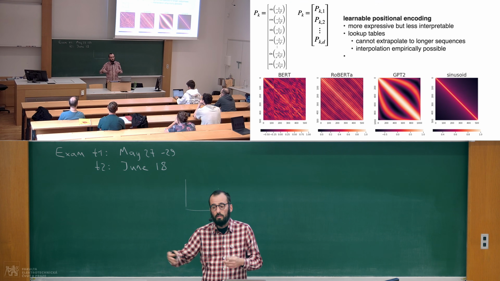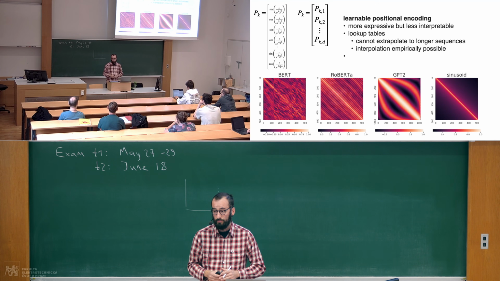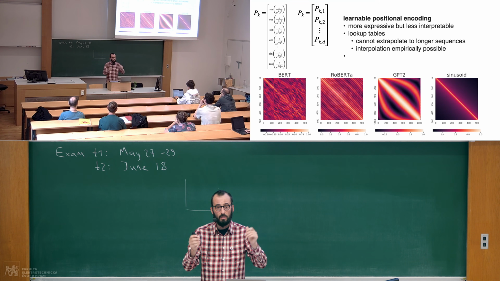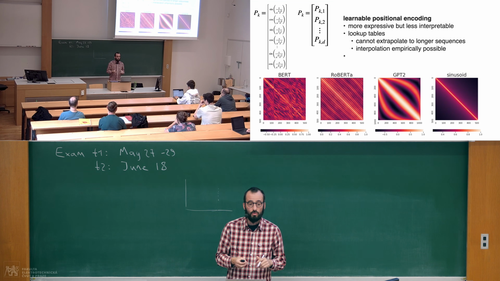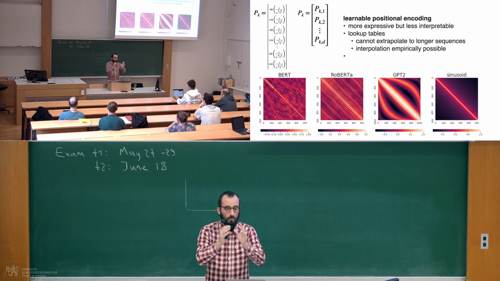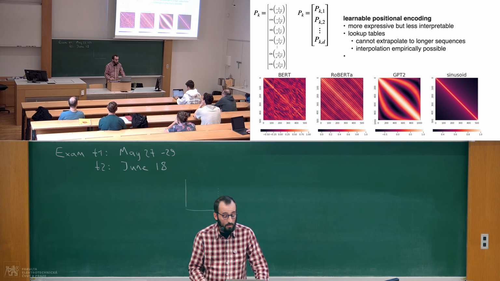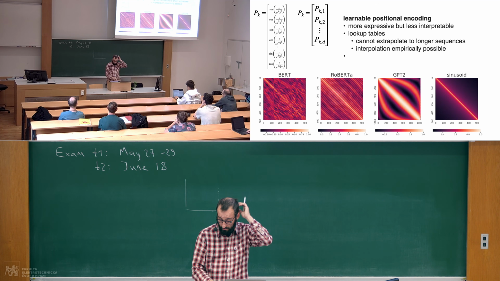You cannot extrapolate, and in practice, interpolation seems to work to some extent. So let's say you were processing an image with resolution 100 times 100 pixels, so you had 100 positions, and then you want to go to 200 times 200, you actually just need to interpolate the missing positions, and this seems to work up to a reasonable extent.